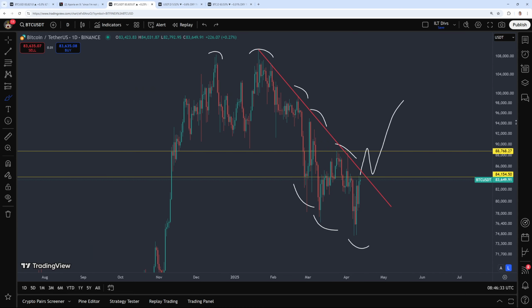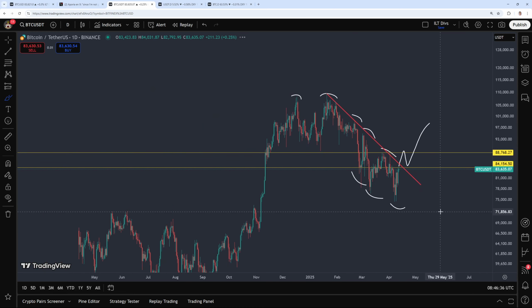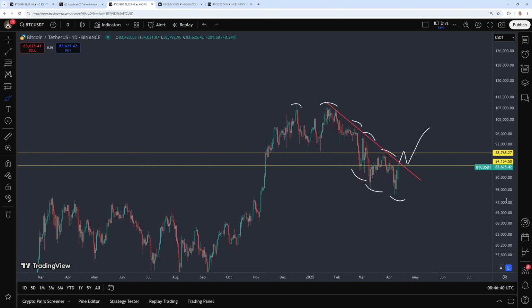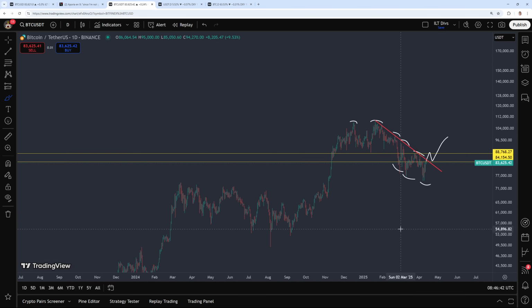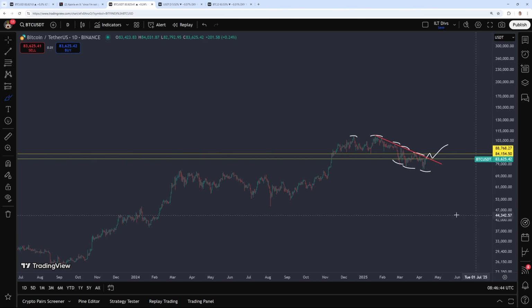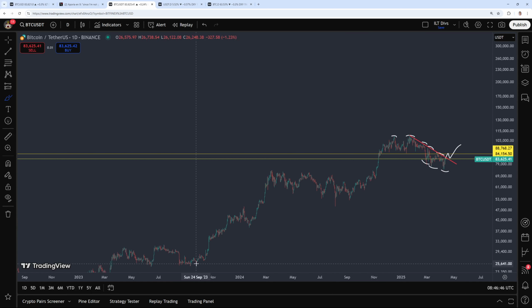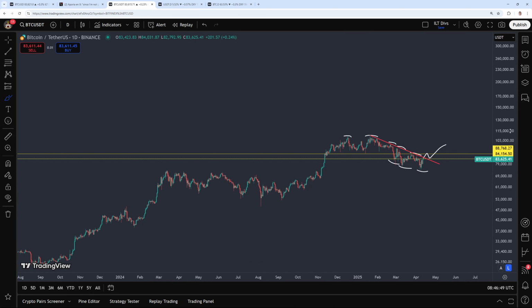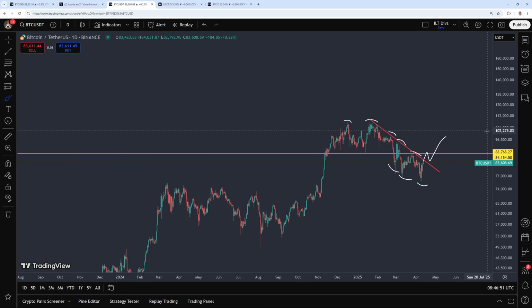But until we find signs, unless you have allocated completely at the bottom of the bear market, I think this is more like a weekly cycle trading.